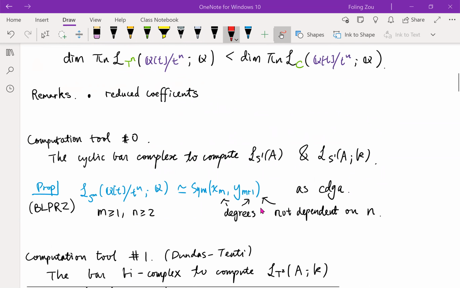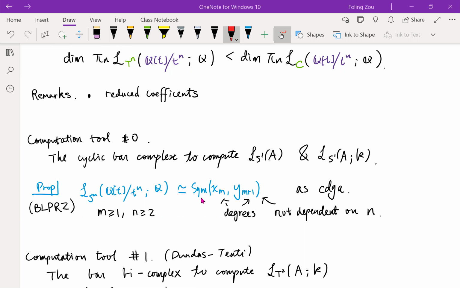So let me introduce the tools used in this computation. We have said that when the space is S1, then we simply get the cyclic bar complex out of the Loday construction, and we can use that explicitly to compute these objects. And in the previous paper, they showed that the Loday construction on spheres over Q of the algebra Q[t]/tⁿ with reduced coefficients can be computed as a commutative DGA.